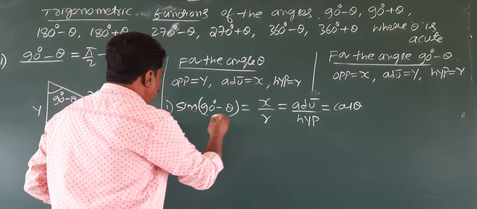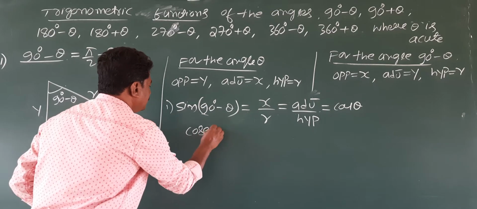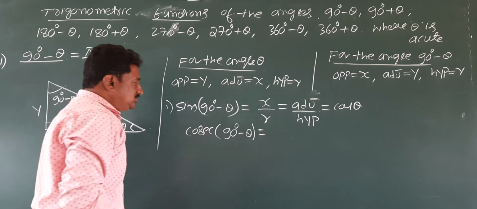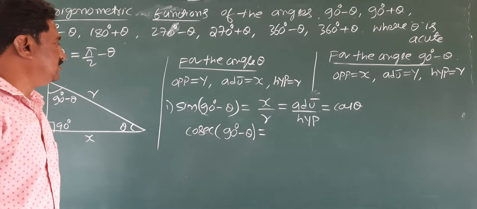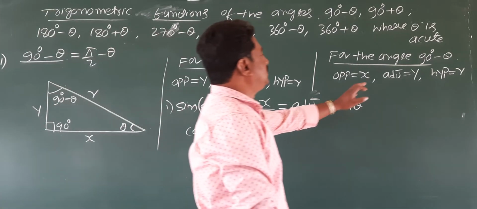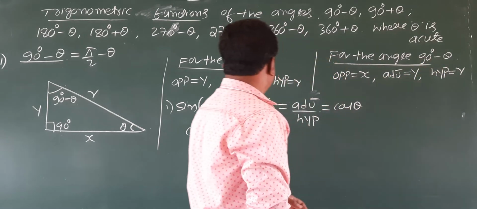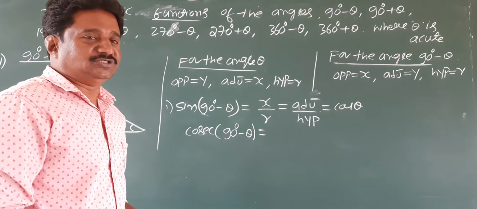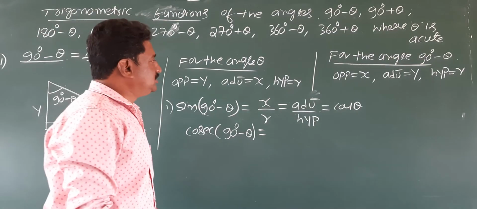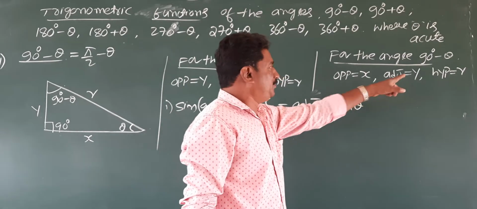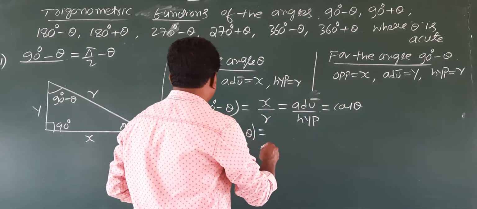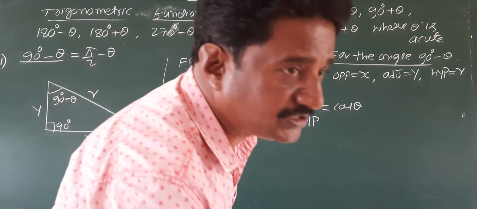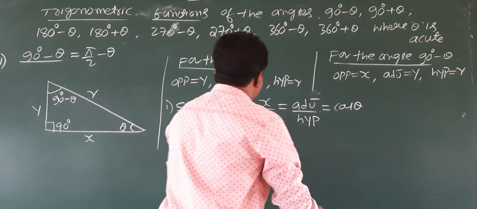Similarly, cosec 90 degree minus theta. Cosec means hypotenuse by opposite, and hypotenuse is r. Or you go for reciprocal of both sides.